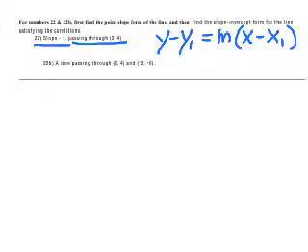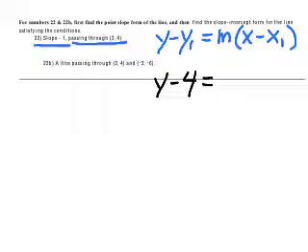Okay, so let's do the first one. We'll just plug in our numbers. So 3, 4 is our number, so we have, excuse me, y minus y1. Our y1 is 4.